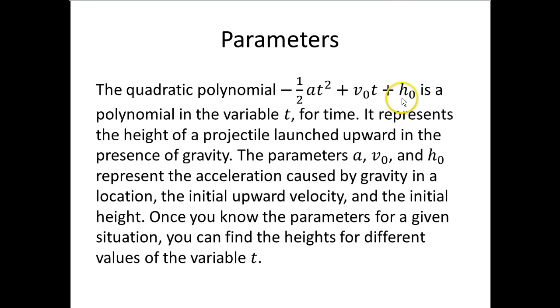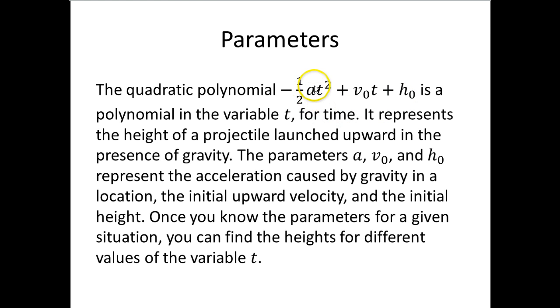Okay. Now this entire polynomial represents the height of some projectile launched upward in the presence of gravity. Okay, so you can think of this maybe as representing the height of a baseball, of a bullet, of anything that's being thrown. Okay, so the parameters a, v naught, and h naught represent the acceleration caused by gravity.